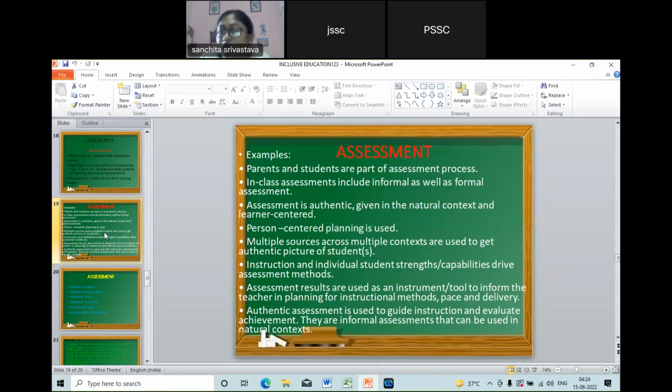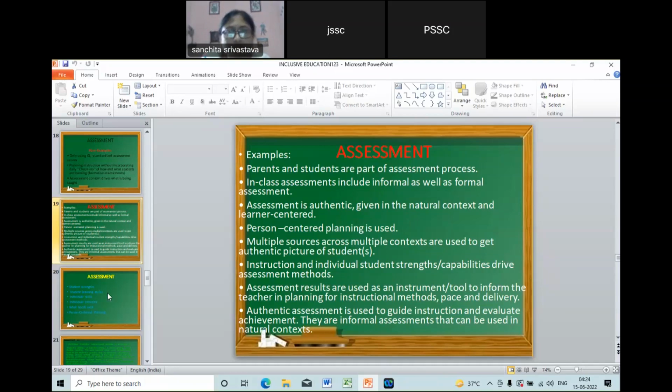That is your duty as a teacher in an inclusive classroom. Then, authentic assessment is used to guide instruction, then evaluate assessment, and informal assessment can be used for natural context. So you can always keep it as a reference.